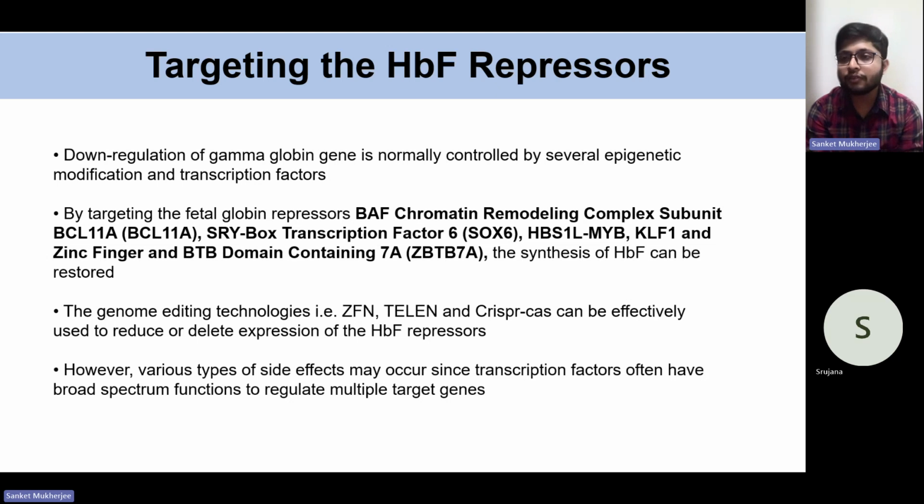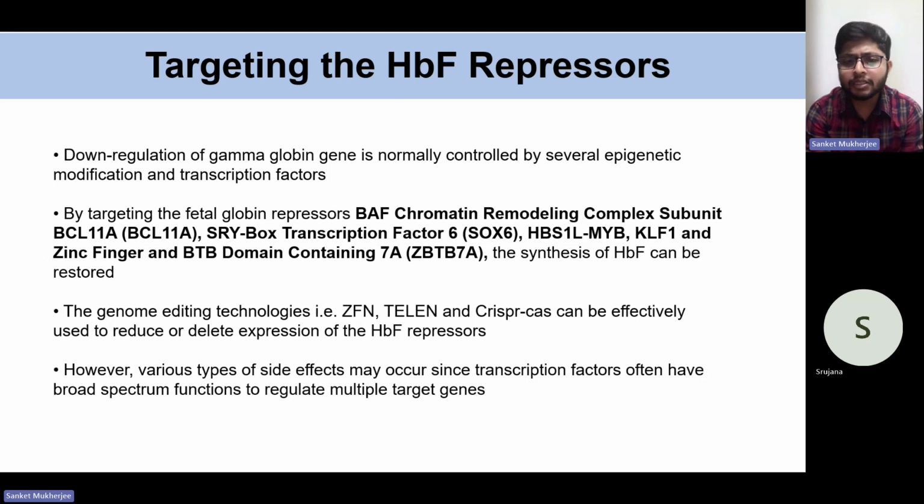So using these repressors, the fetal hemoglobin production is lowered. But if we target these repressors and make them non-functional, then the idea is the fetal hemoglobin levels will be restored in the blood, and that would compensate for the lack of beta globin in the blood.